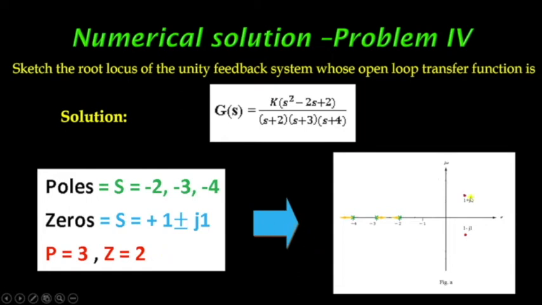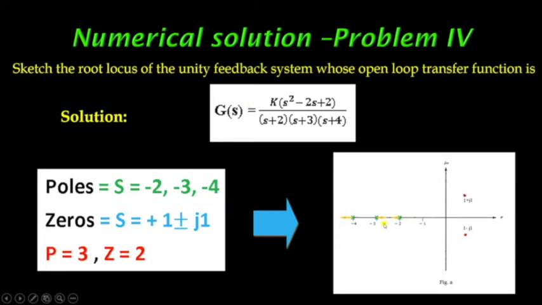Then draw in the s-plane. This is -2, this is -3, this is -4. These are the poles, and the zeros are at plus 1 plus j1 and plus 1 minus j1. The locus starts from -2, -3, -4 and finishes at the two complex zeros and at infinity.